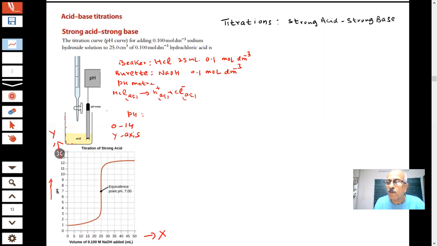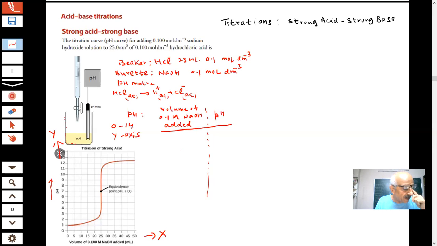What we are recording is the volume of 0.1 molar NaOH added versus pH. Okay? This is what we are doing.